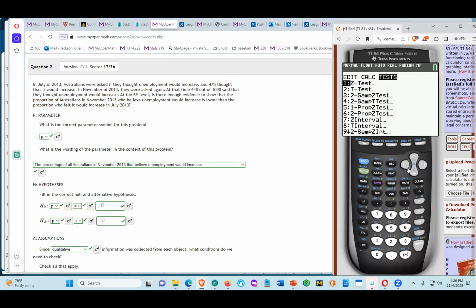One sample, one proportion z-test. p null is 0.47. x is 448. n is 1,000. The alternative hypothesis is a less than, so we have to go over here and select that.